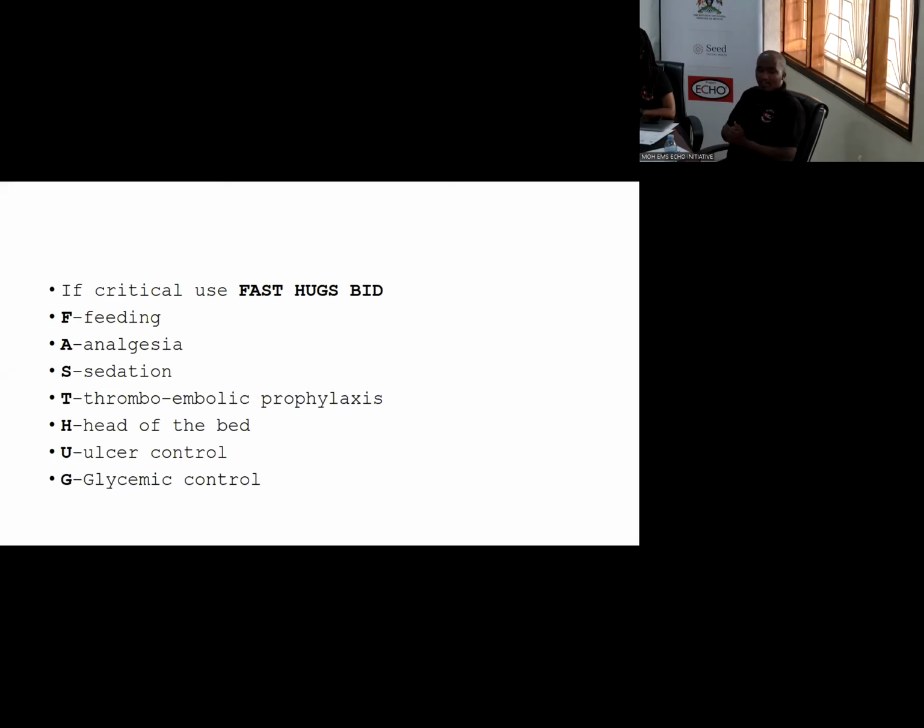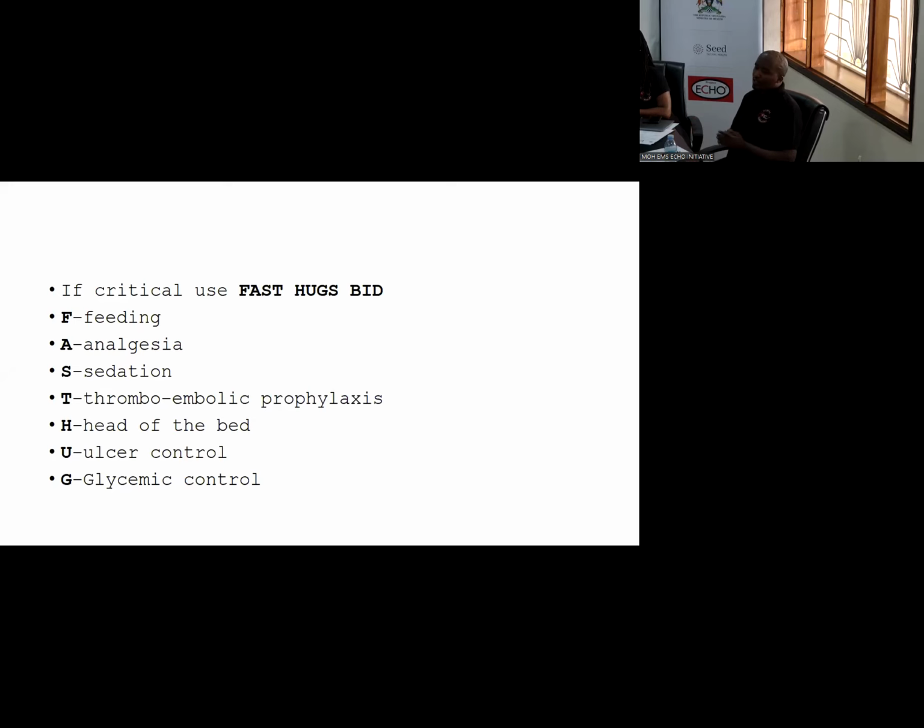If they are completely sedated in ICU, let's make sure we give them their dose of clexane, their enoxaparin, or if they are on unfractionated heparin, let's give it in time. Let's make sure the head of the bed is raised to prevent raised ICP and other pressures.